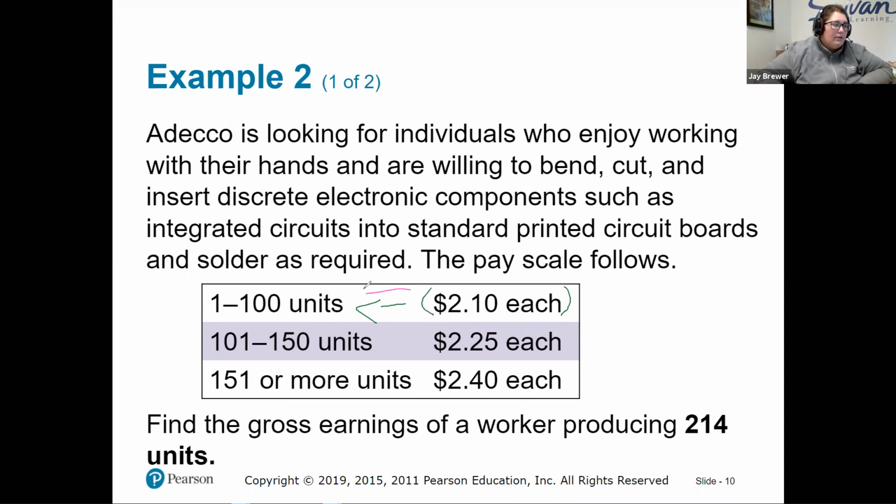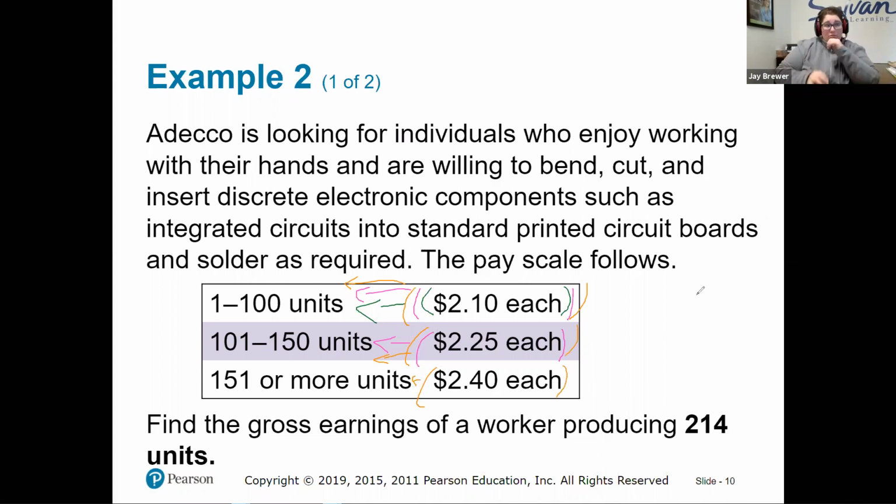It's this rate for 1 to 100, and then it's this rate for anything over that. And then if you get to the third tier, it's this rate, and then this rate again, and then this rate. Okay?